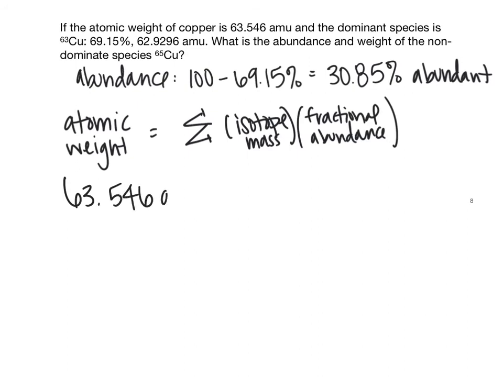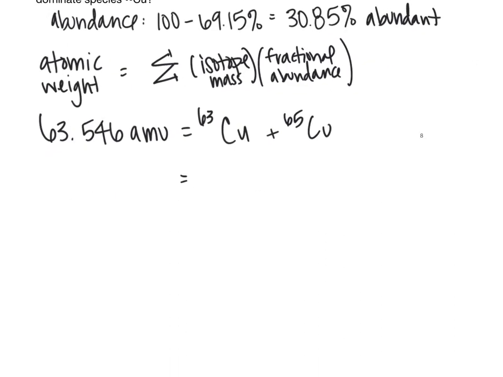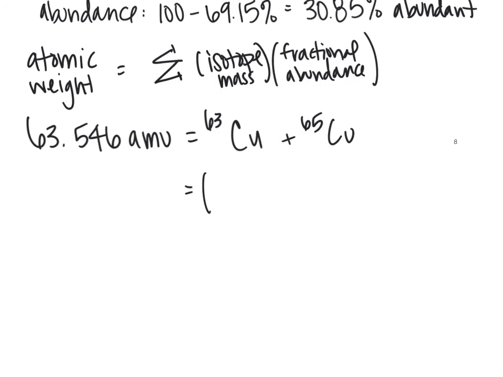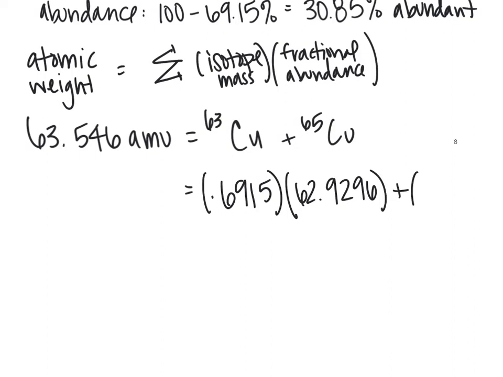So we have 63.546 atomic mass units is equal to copper 63 plus copper 65. So that equals 0.6915 multiplied by 62.9296 plus our isotopic abundance, which is 0.3085 multiplied by x.